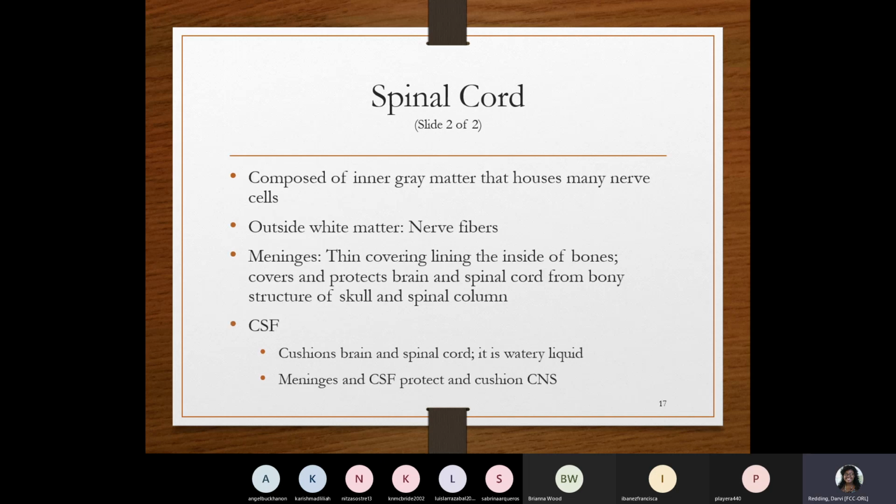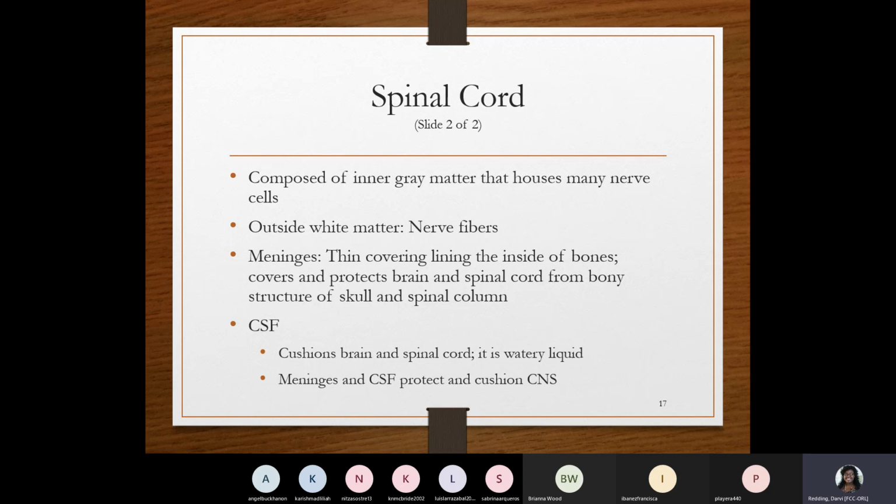In learning more about the spinal cord, we'll understand that it's composed of inner gray matter that houses many nerve cells, and outside of that is the white matter, which contains nerve fibers. Around the spinal cord are the meninges, which are a thin covering lining the inside of the bones, and they work by covering and protecting the brain and spinal cord from the bony structure of the skull and the spinal column.